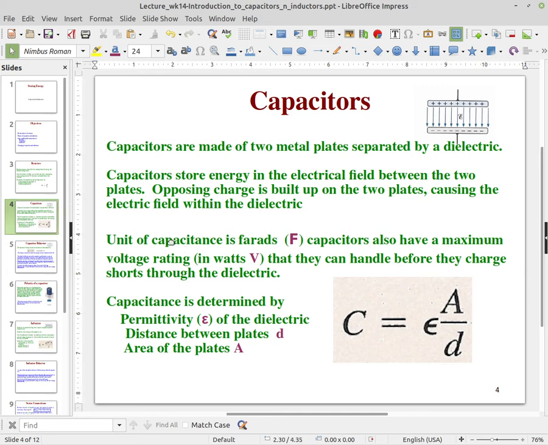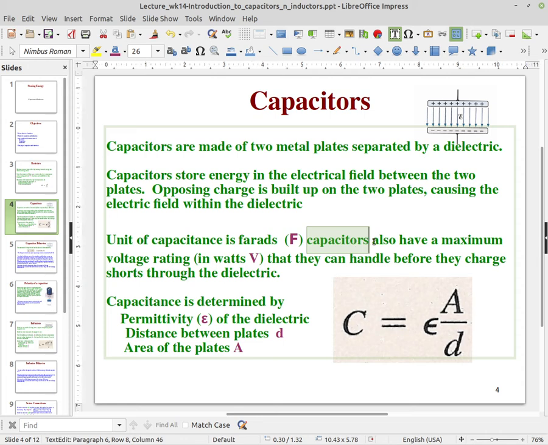The unit of capacitance is farads, with a capital F. Capacitors also have a maximum voltage rating.